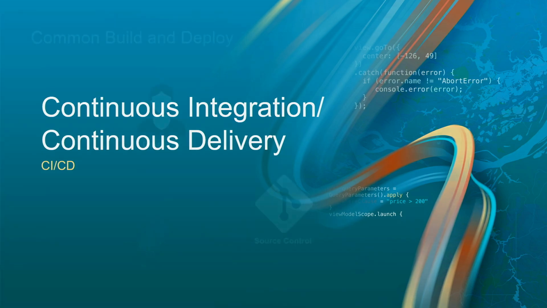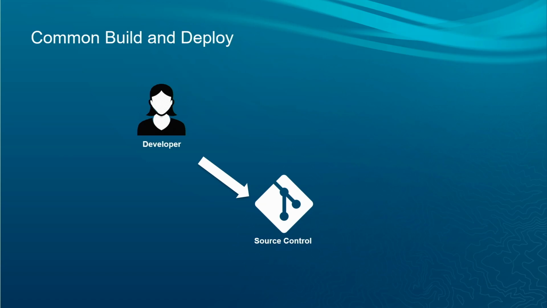Some of this we'll go through a little more quickly since we have a more experienced crowd, it seems like. Before we get into CI/CD and understanding all the benefits that it gives us, I quickly want to go through a scenario that developers usually start with before they get into CI/CD.